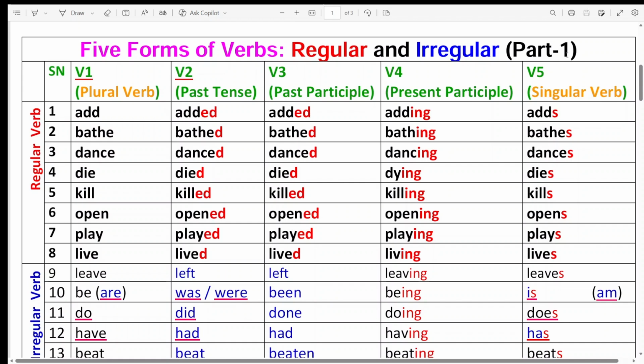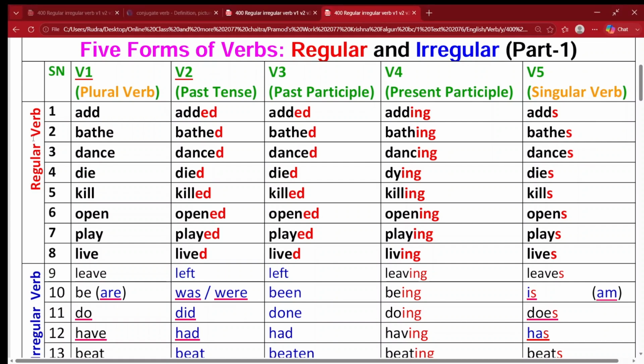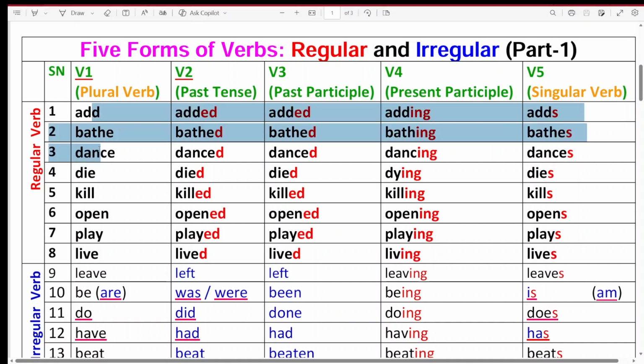And one thing you have noticed here is that V1 we call plural verb. Add is plural, bathe is plural, dance is plural, whereas V5 we call singular verb. Adds, bathes, dances, they are singular verbs.